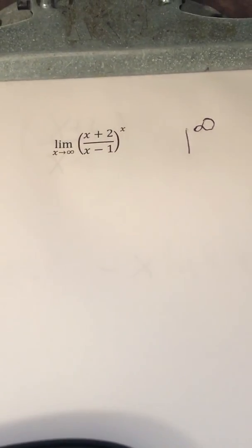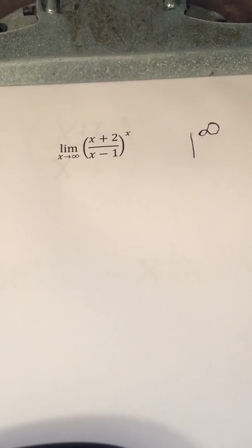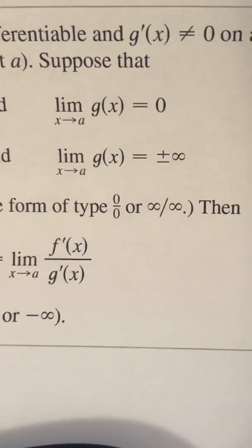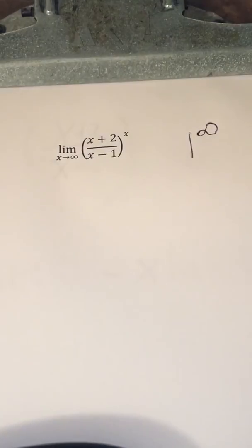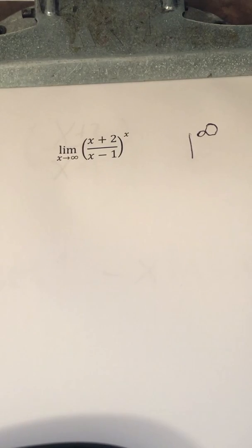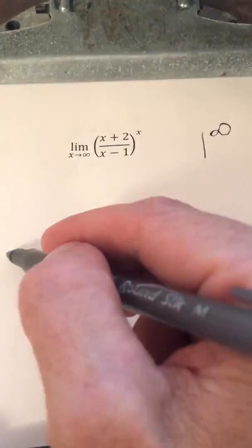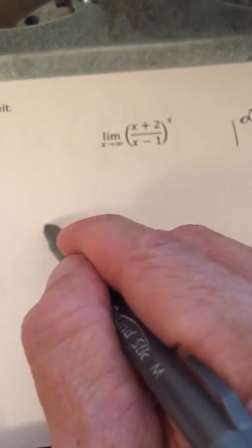Now, keep in mind that for L'Hopital's rule, somehow we have to get it into a form 0 over 0 or infinity over infinity. Right? So we have to do some algebra first.